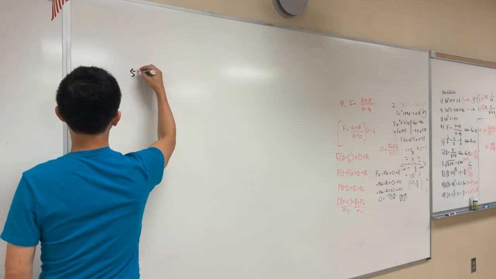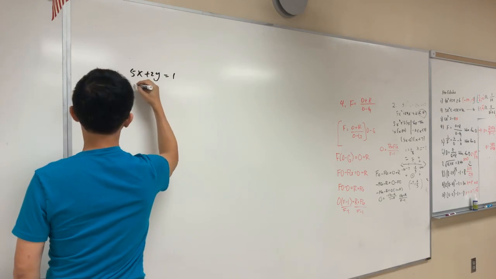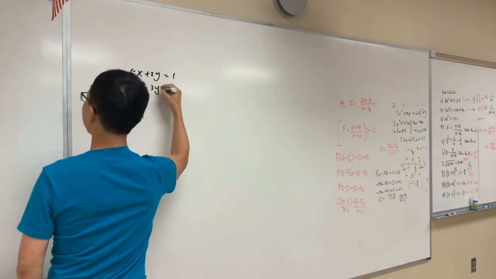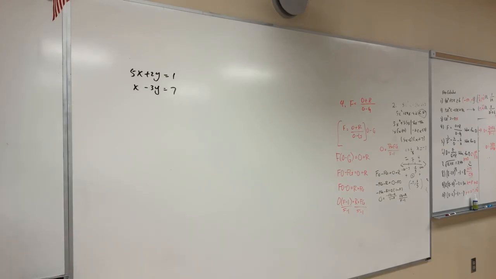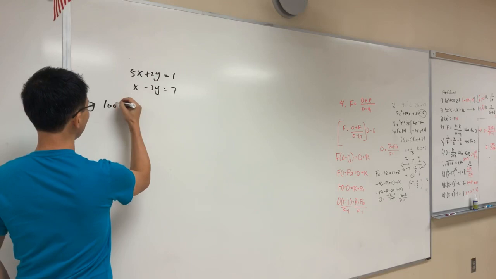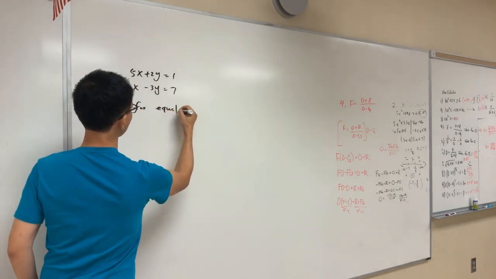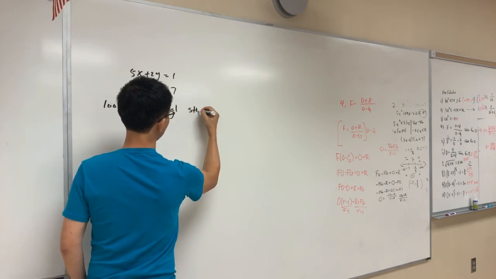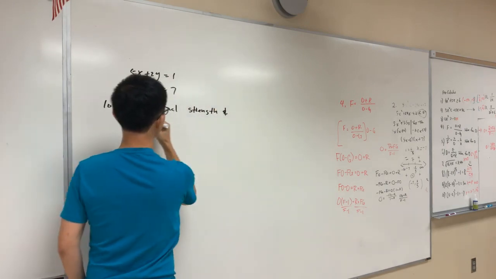So it's going to be 5x plus 2y is equal to 1, and x minus 3y is equal to 7. Now, with elimination, you look for the exact opposite. So look for equal strength and opposite.